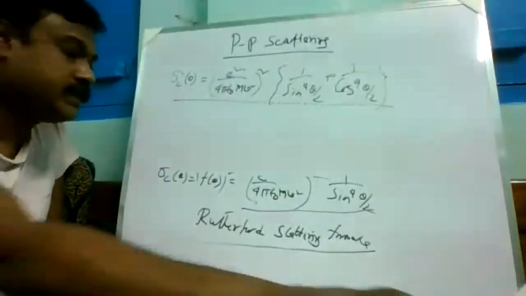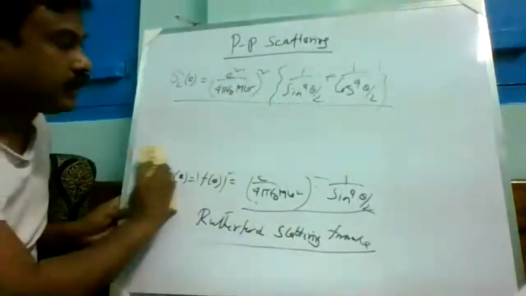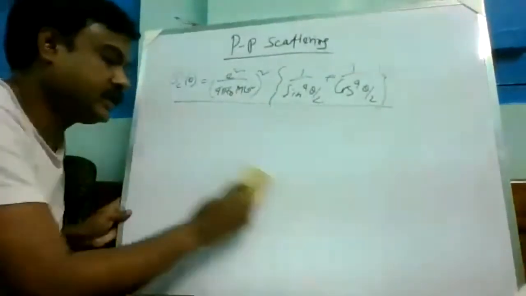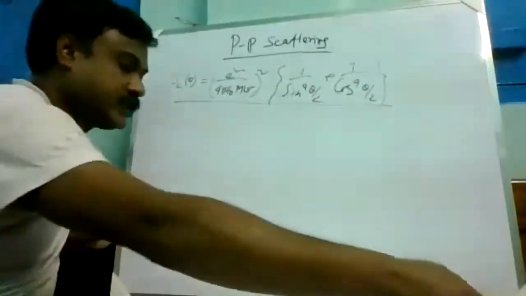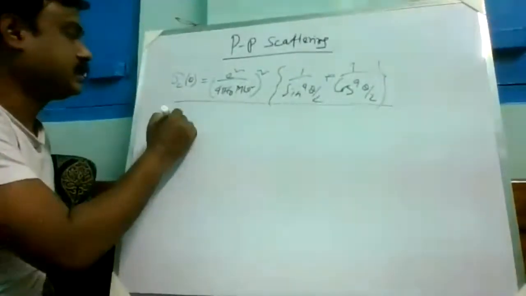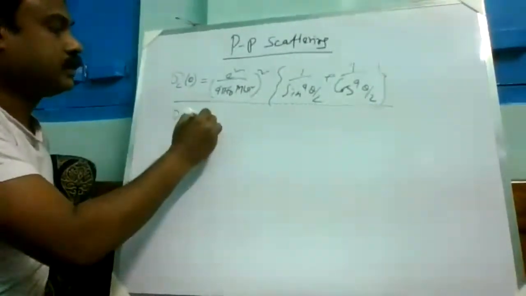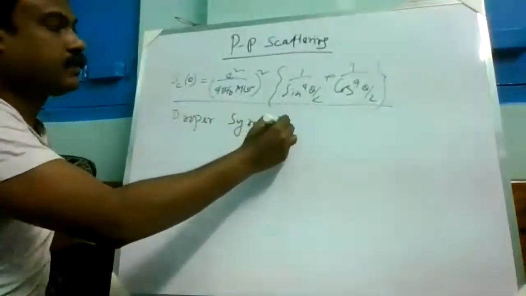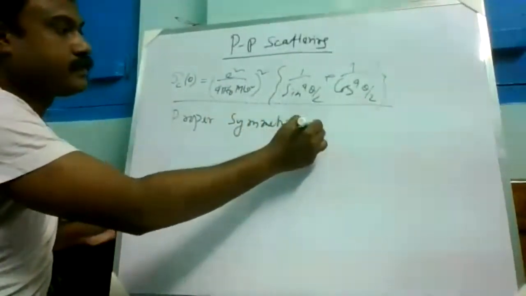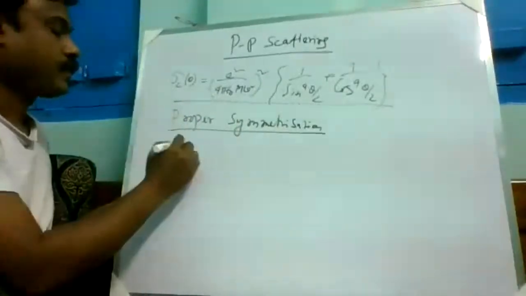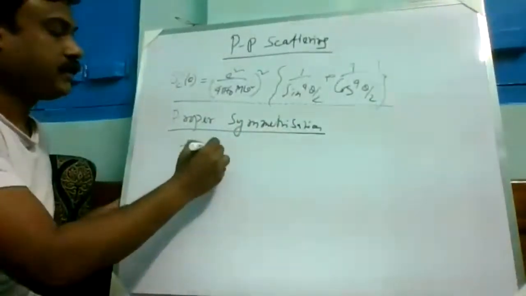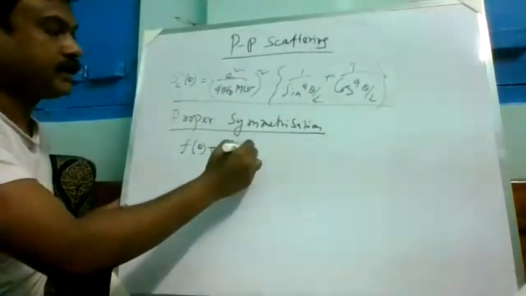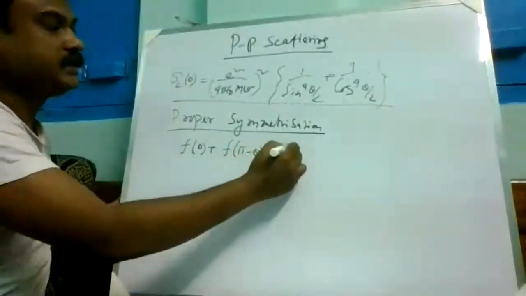For proper symmetrization, we have f theta plus f pi minus theta, this is symmetric.